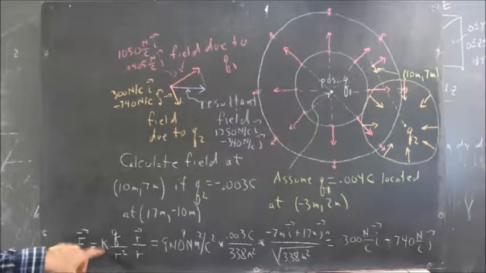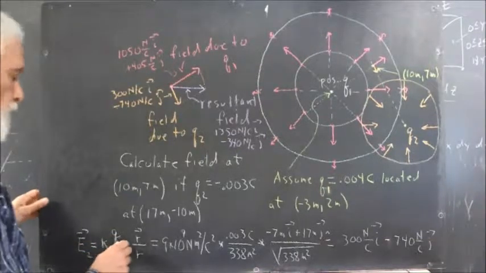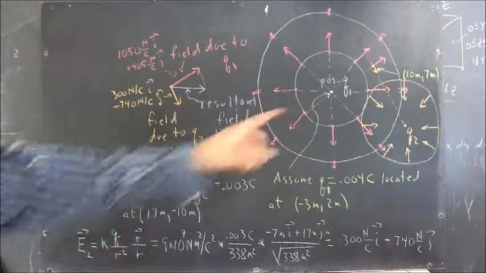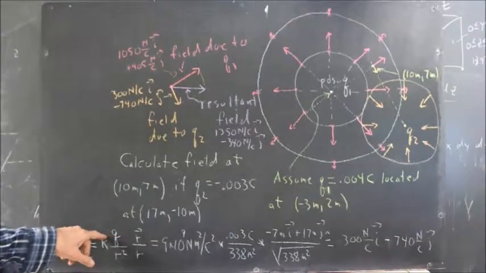And we're going to do K times the charge, and I guess we could call that Q2, but I'm just going to say, okay, Q2 is going to be the charge here. That's going to be your 0.003 coulombs.